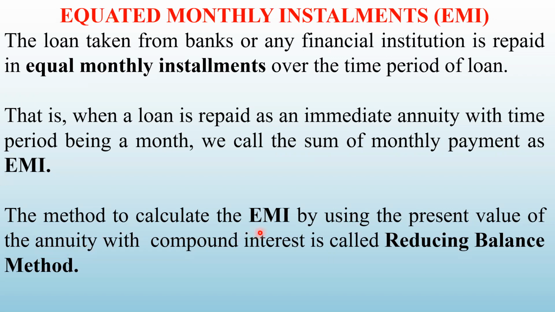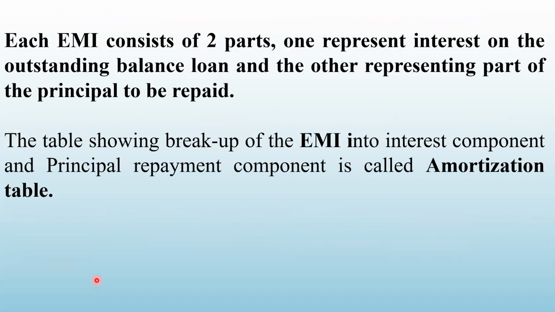Now the method to calculate the EMI by using the present value of the annuity with the given compound interest is called the reducing balance method. So to calculate EMI, we are going to use the same formula which we were using for the present value of annuity. What is the formula?